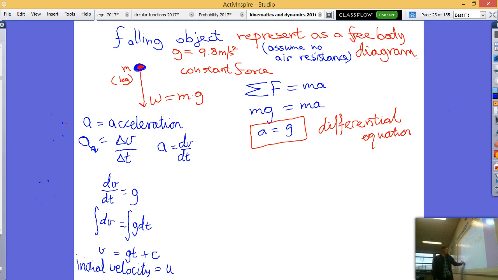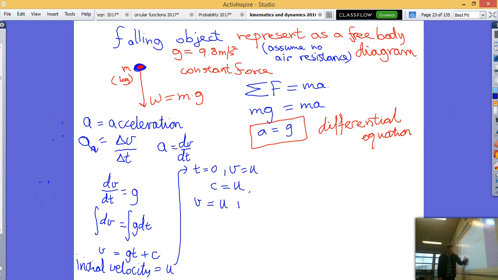So from that, when t is equal to 0, at the start of the motion, v is equal to u. We use that initial condition in our solution so far, and the integration constant equals u.